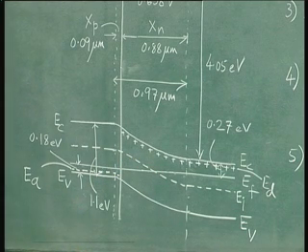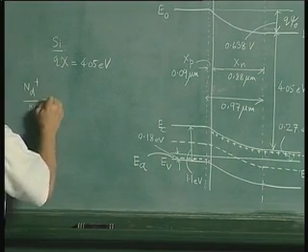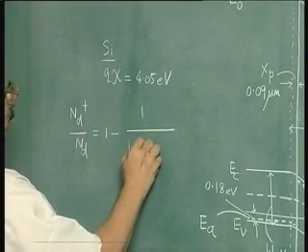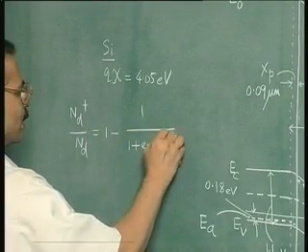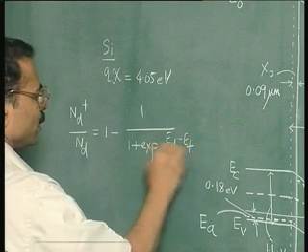You know that ND plus by ND is equal to 1 minus 1 by 1 plus exponential of ED minus EF upon KT.